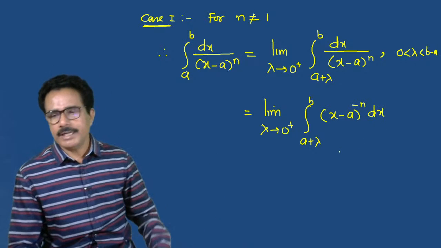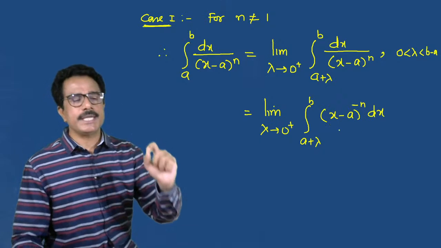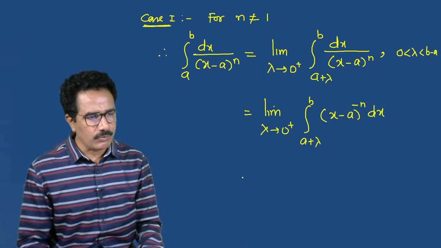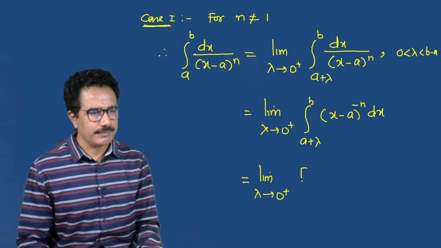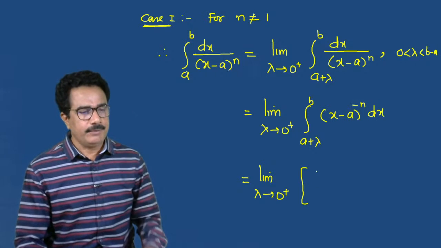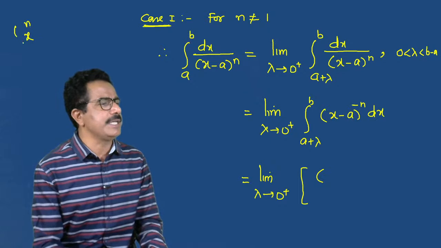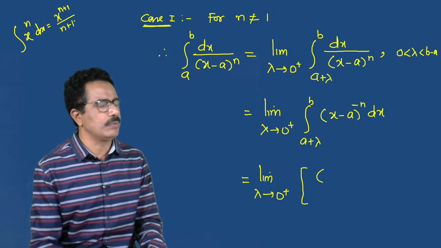Okay, now calculate the limit. It is a limit of an integration, students. Now you tell me what is the integration of (x minus a) raised to minus n. We can write the integral of the function x raised to n as x raised to n plus 1 divided by n plus 1.